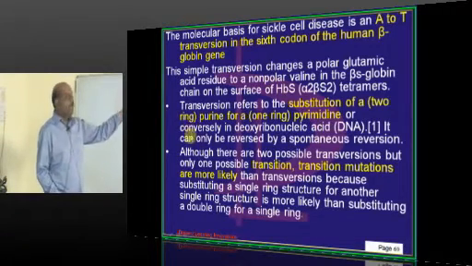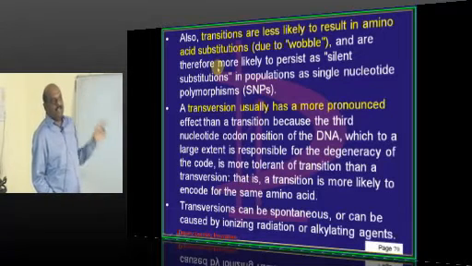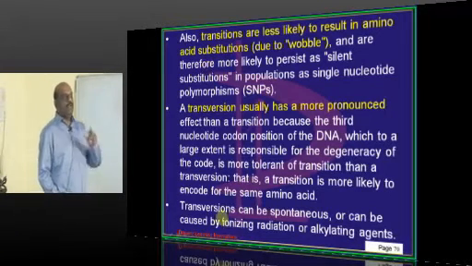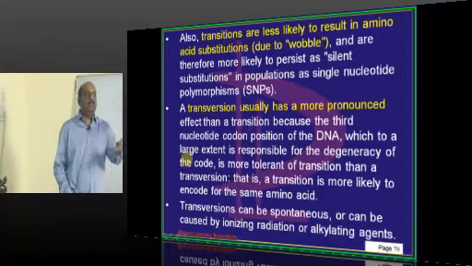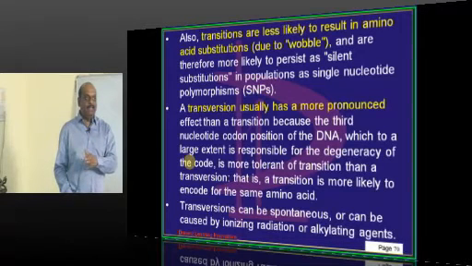Once more, if you look at transitions, transitions are less likely to bring any mutation because एक purine का another purine in the third position में हो गया तो both the trinucleotides will code for the same. For example, GCA है.